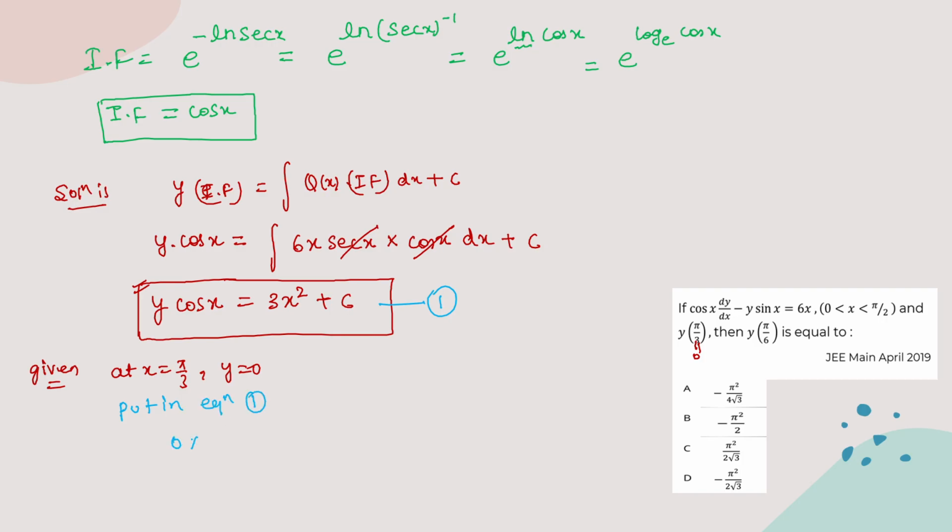So now we'll be getting 0 into cos pi by 3, it will not make any sense, it will be 0 only, equals 3 times pi by 3 whole square, plus c. So c will become minus pi square by 3. This will be the value. Okay, is that clear? Everyone is getting this constant?